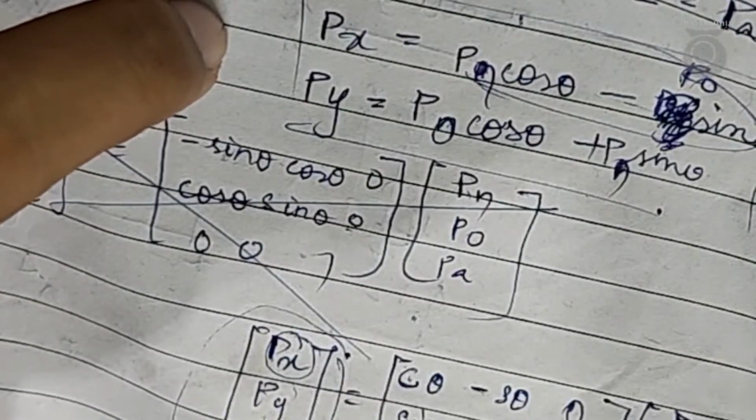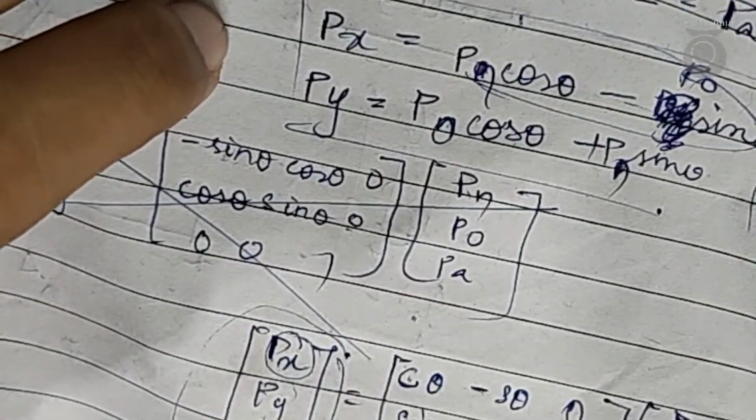Similarly, sin theta and then a cos theta and another 0 to eliminate this for Py, and Pz wouldn't change. So the Pz part, I mean Pz is equal to Pa, so a 0 to eliminate Pn, a 0 to eliminate Po, and a 1 to keep Pa. I mean, yeah, that was a relatively quick fix, and it's absolutely correct. So let's move on with the book.